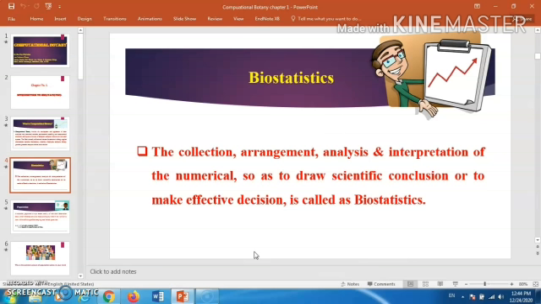Like that, any form of conclusion you can make after the collection, arrangement, analysis and interpretation in the numerical form.